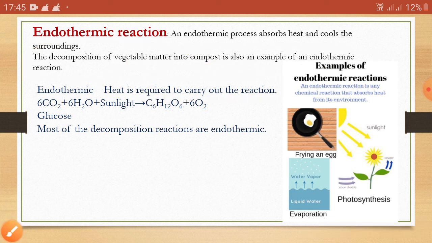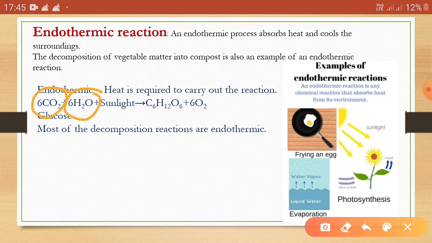The example is when CO2, carbon dioxide, reacts with H2O, water, in the presence of sunlight, it gives us glucose and oxygen. Here C6H12O6 is the glucose and O2 is the oxygen.